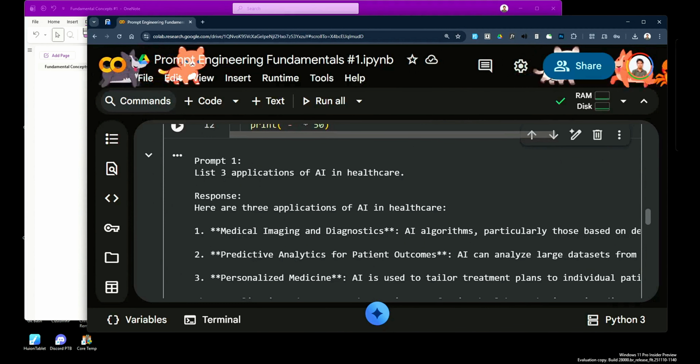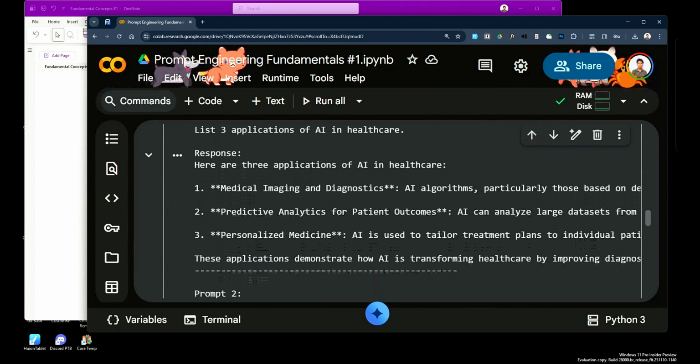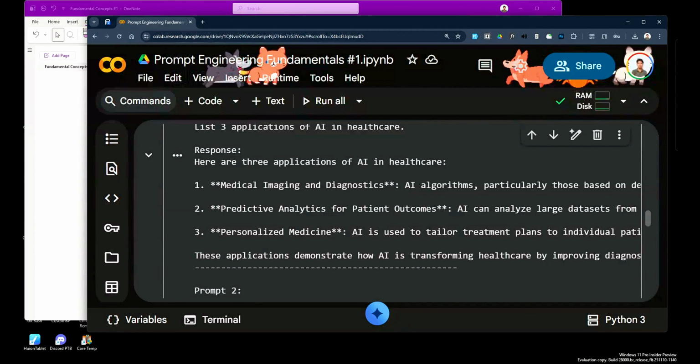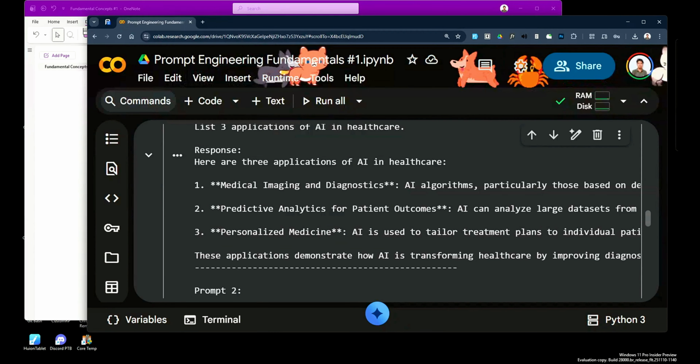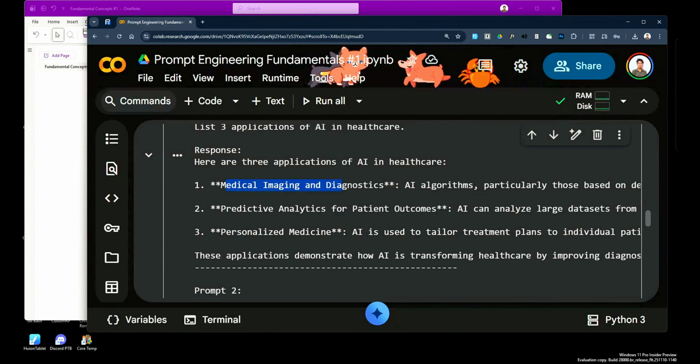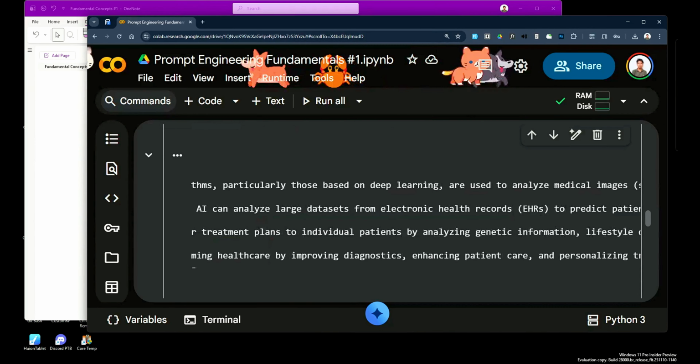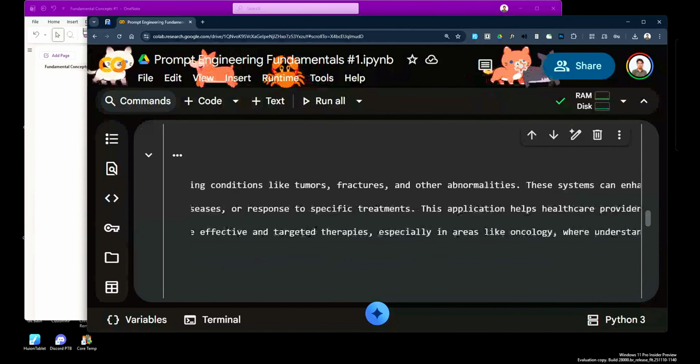Prompt 1: List three applications of AI in healthcare. The response I got is just three basic applications: medical imaging, diagnostics, predictive analytics for patient outcome, personalized medicine, and some more things. Okay.